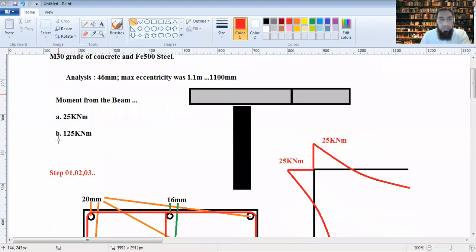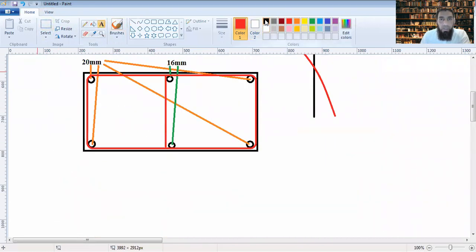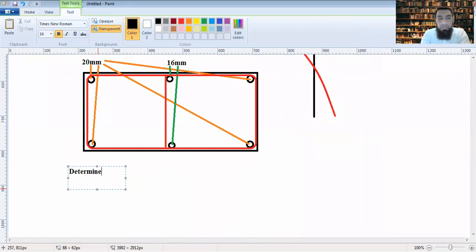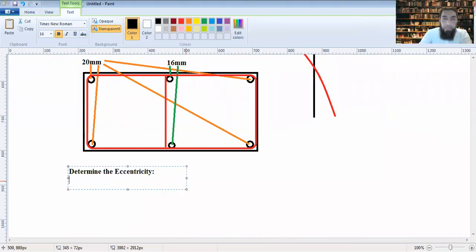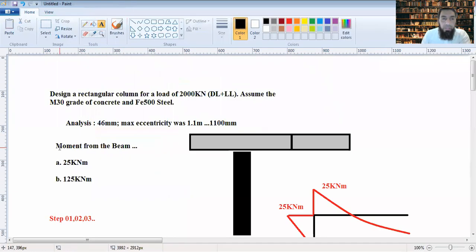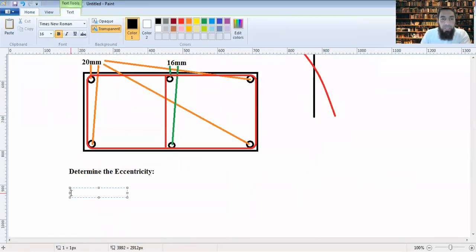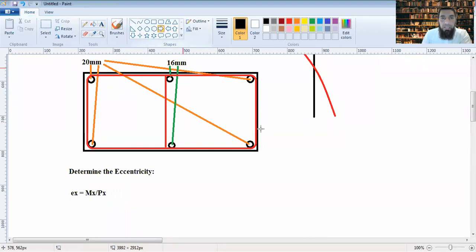Now, our first thing is how do we determine the eccentricity in the column? It's very easy to determine. Ex would be Mx by Px, while we are determining for the x direction.